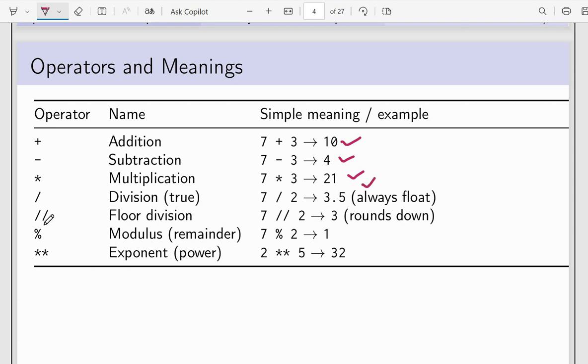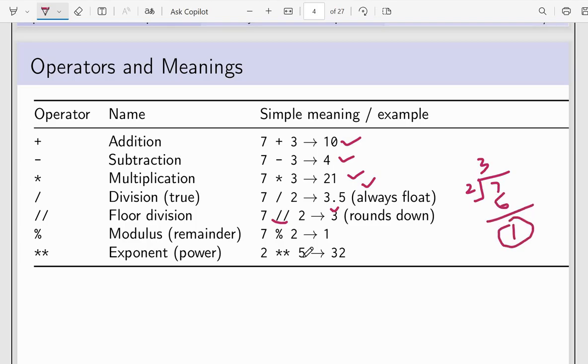When you use double slash, instead of 3.5 it will give you only the integer value, that is 3. Modulus is the remainder operator: 7 percentage 2. Suppose you have 7 divided by 2, then 3 twos are 6, the remaining value is 1.